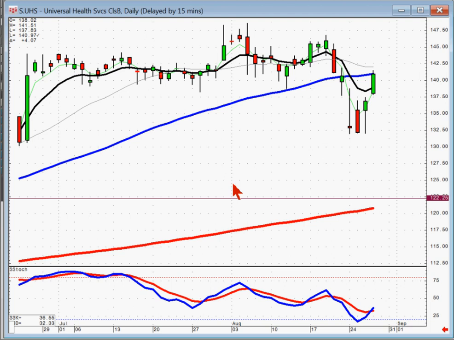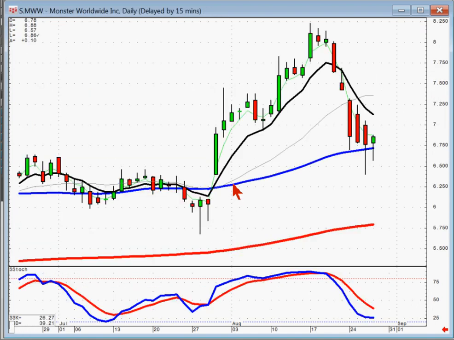UHS, another one that has a scoop type pattern. If it opens positive, breaking through the 50, you can be buying it. Monster, nothing yet. It's telling us it's probably supporting at the 200, but they aren't buying it yet.